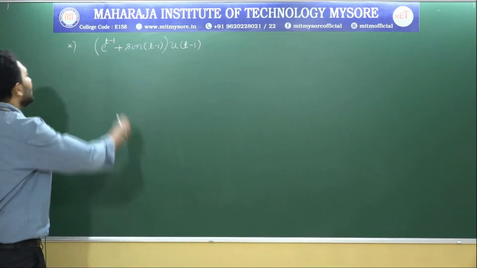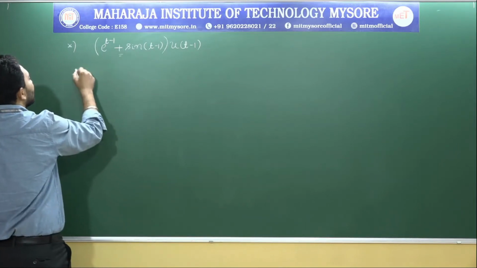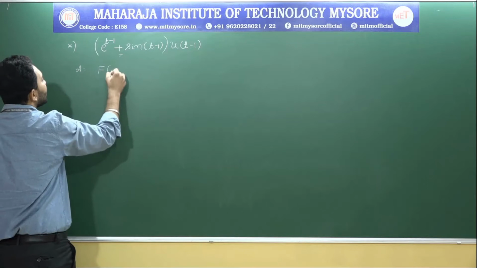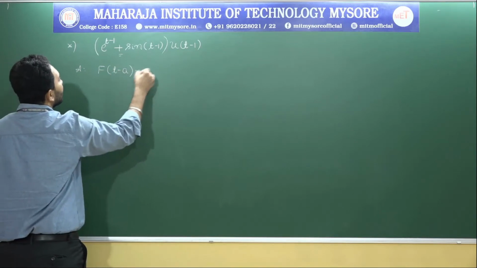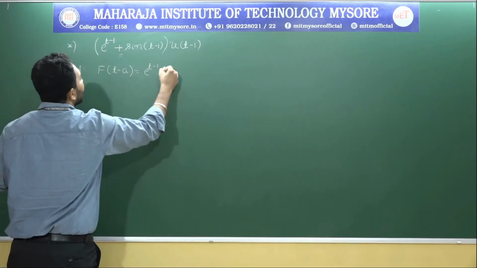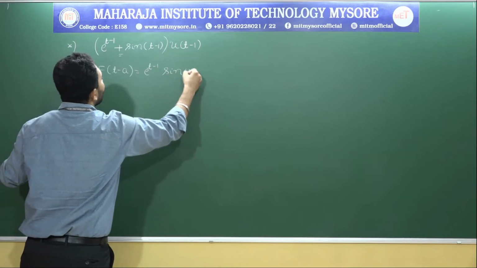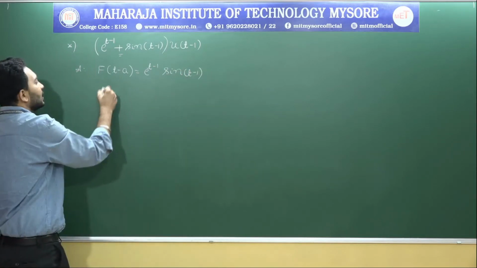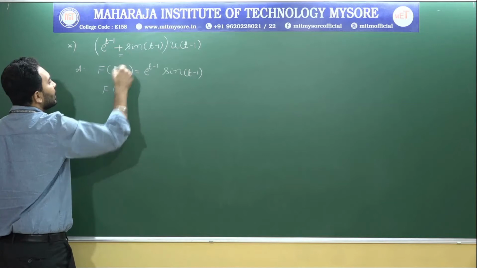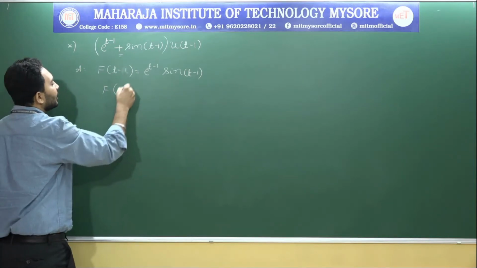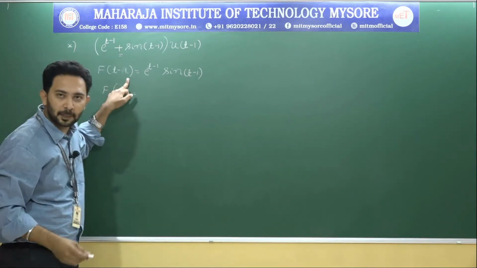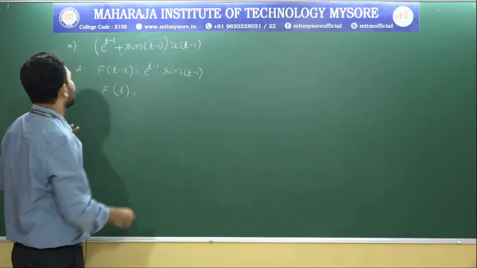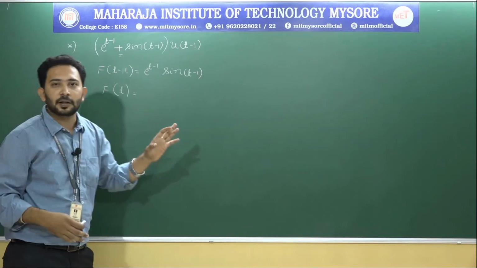So I will take this as f of t minus a. What is f of t minus a? It is e power t minus 1 plus sine of t minus 1. F of t: replace t by t plus 1 now, because I need f bar s.